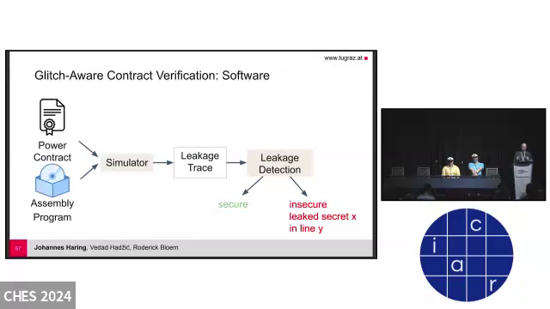And we then feed that to a solver, which tells us whether there will be a problem with a given leakage model or not. Either it says this software is secure given this contract, or it tells us that it is insecure, and it even can tell us which secret is being leaked and in which line of the assembly code. So this is very handy for debugging your cryptographic implementation.